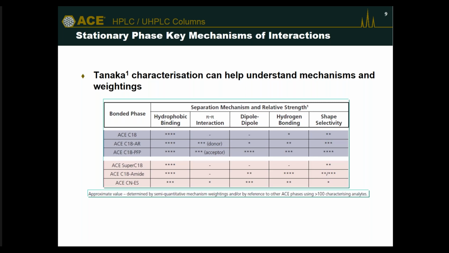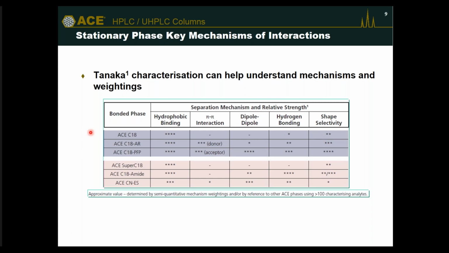It's possible to understand the weighting of these mechanisms with different types of column chemistries by characterizing the columns. What I've done in this slide is included the reference. You can see the red dot down here. I've included the reference to the original paper, the Tanaka paper, which described how to perform these experiments. So we've characterized the different columns to see the different weightings of mechanisms.